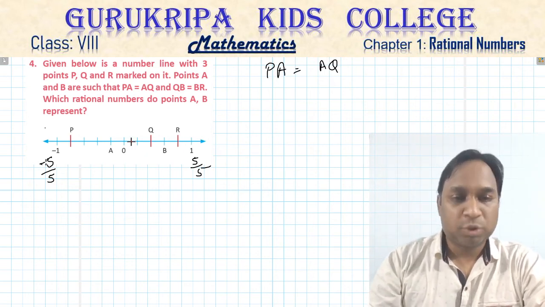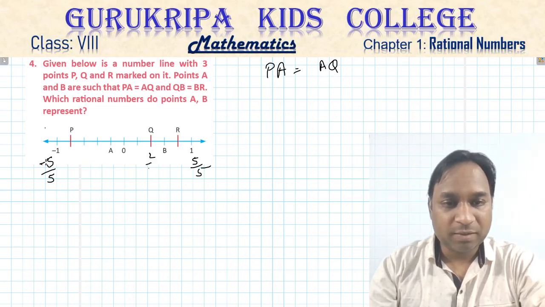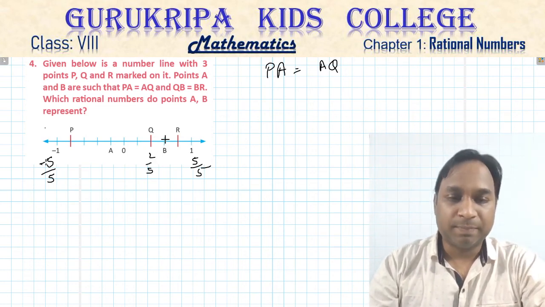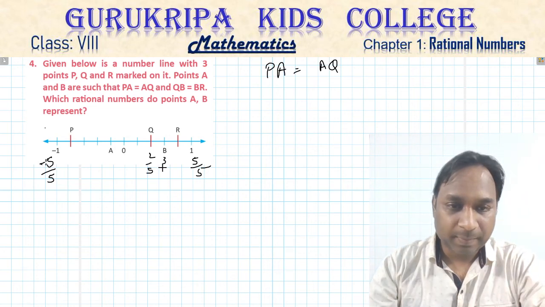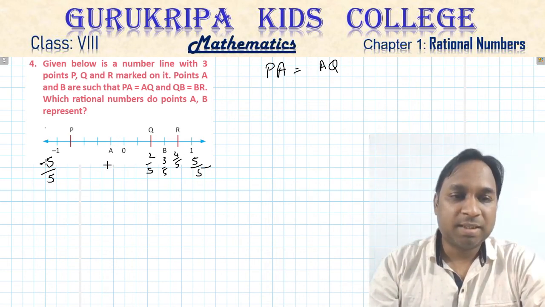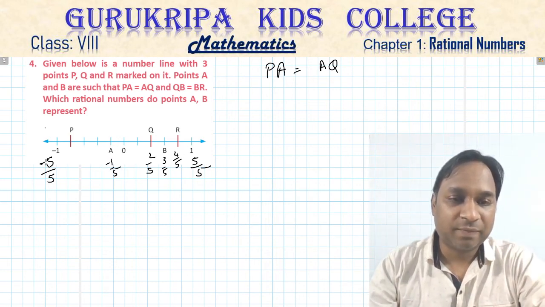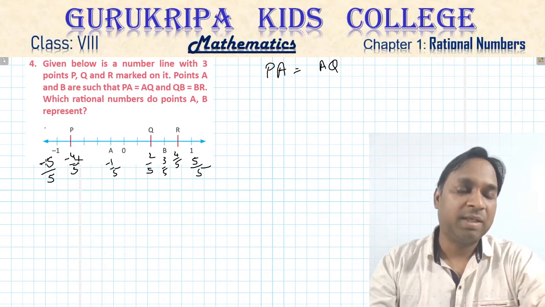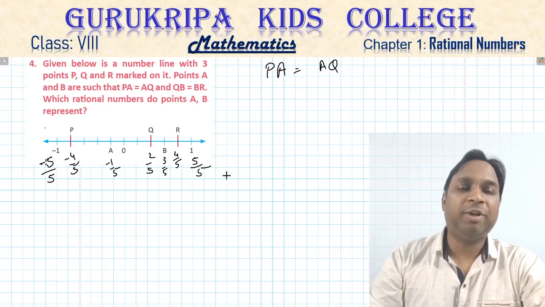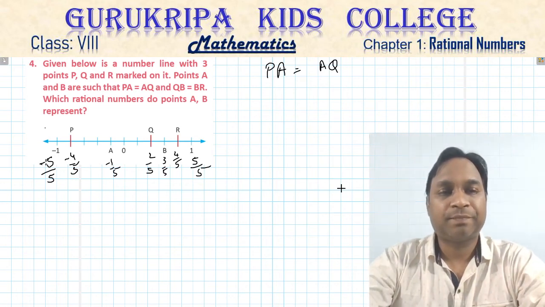Okay, so this is 1 by 5, Q is 2 by 5, we know that now. This B is 3 by 5, R is 4 by 5, A is minus 1 by 5, and P is minus 4 by 5. Just counting the points, we know all the points now.